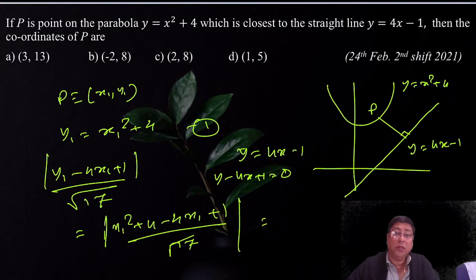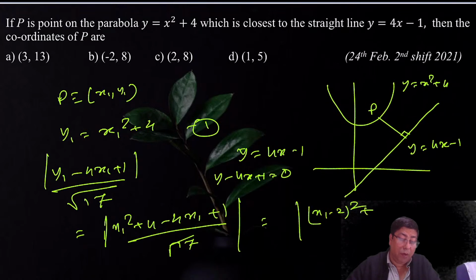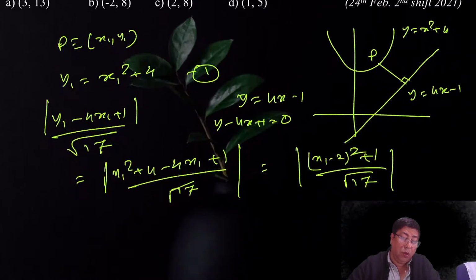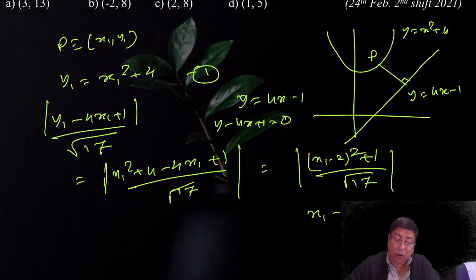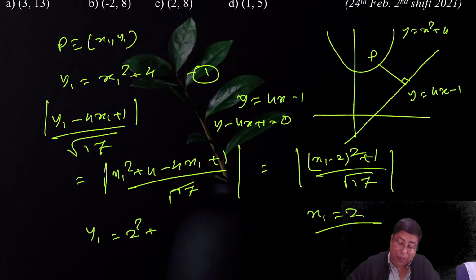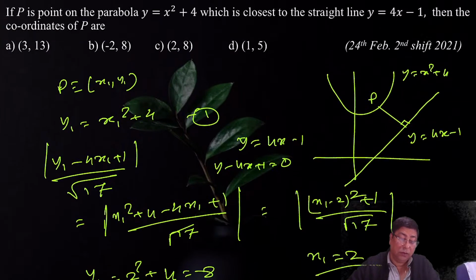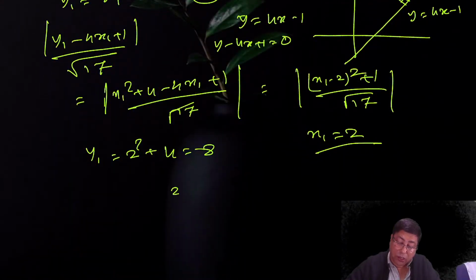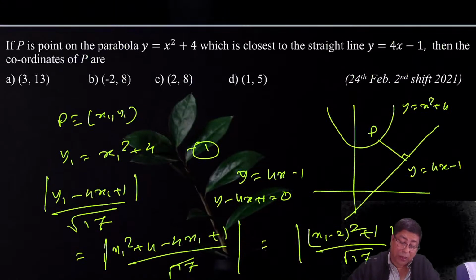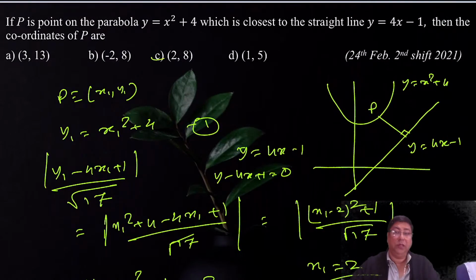Just absorb all of it into a whole square: (x1 minus 2) whole square plus 1 by root 17, which will be minimum when x1 equal to 2. So y1 equal to 2 square plus 4, that is 8. Therefore the required point is (2, 8). This is option number C.